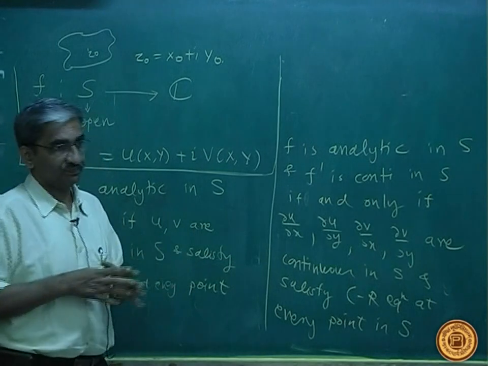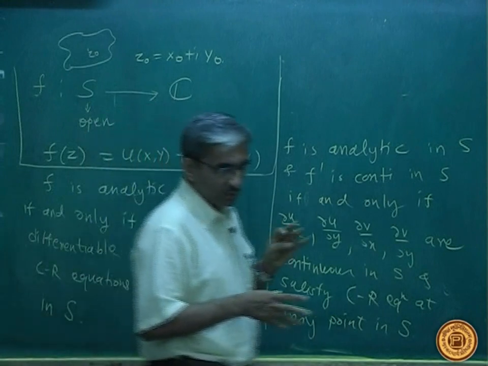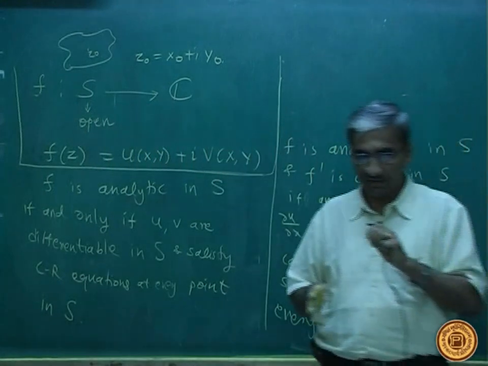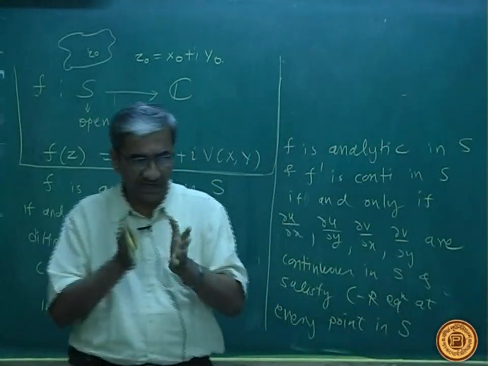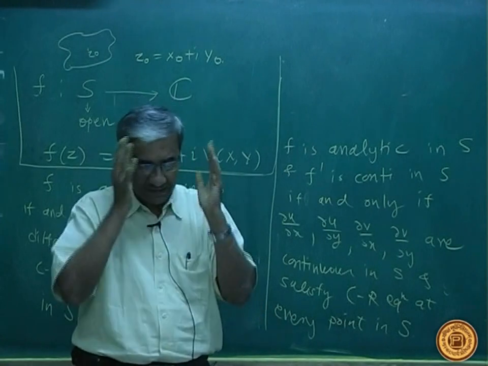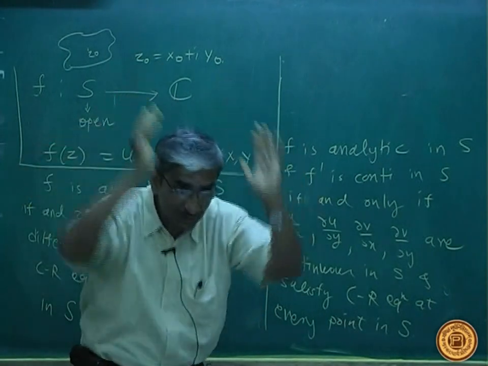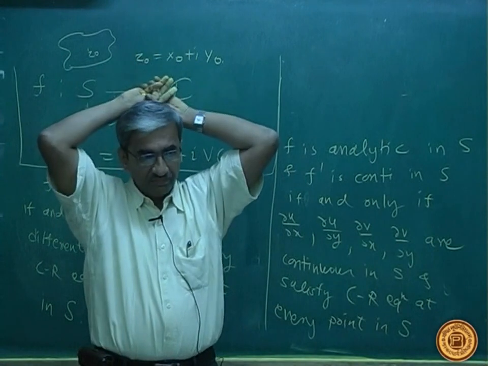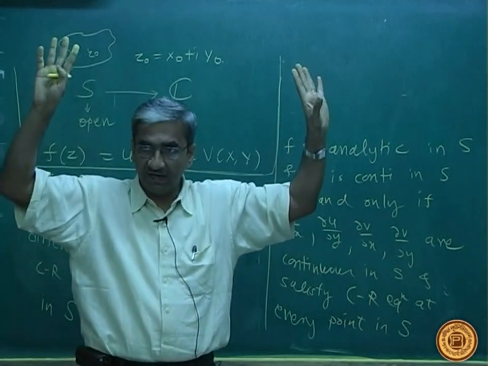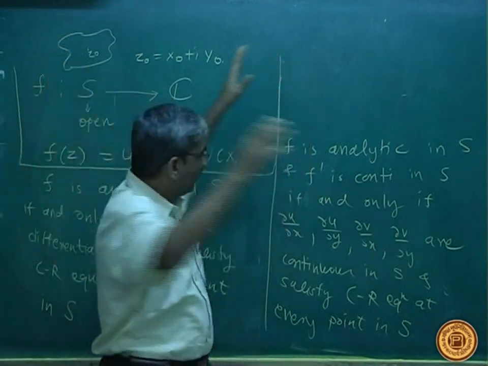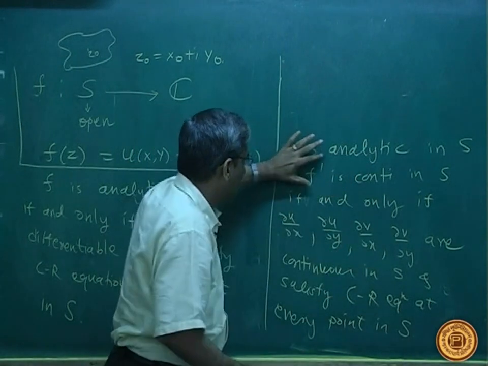Here the notion of analyticity gives us that if f is analytic on an open set S, then f dash will be analytic. So f dash will be differentiable at every point. So f dash will be naturally continuous. So this will be anyway superfluous.